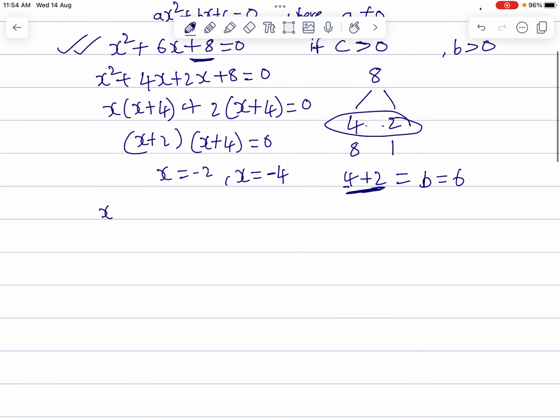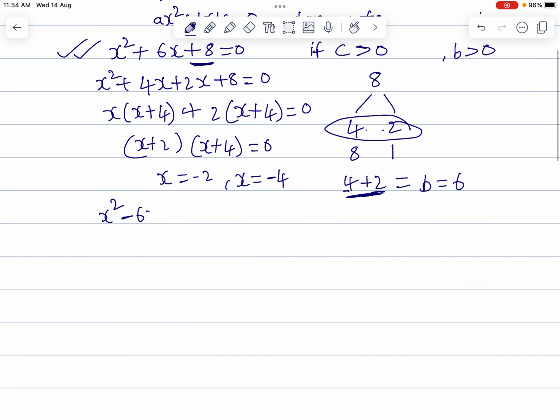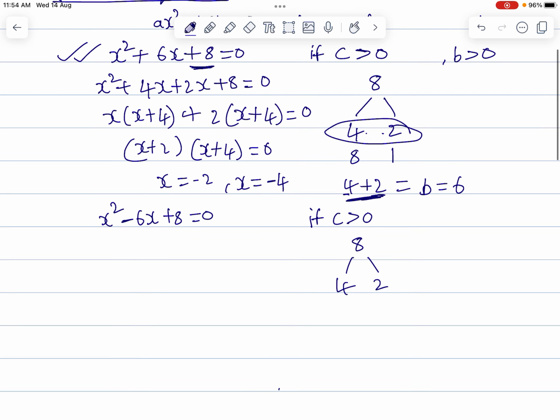Now we will take the same numbers, but I am taking b as negative. In this case also c is greater than 0. Then what we should do: 8 into 2 factors, 4 into 2 or 8 into 1, where 4 plus 2 is equal to 6.